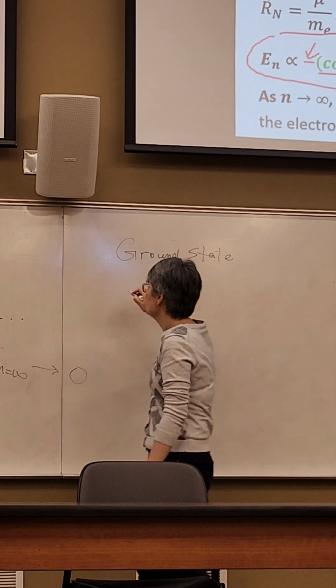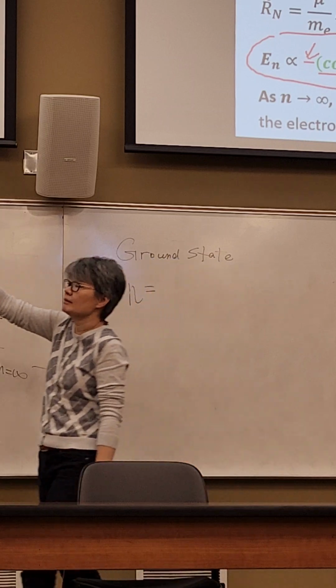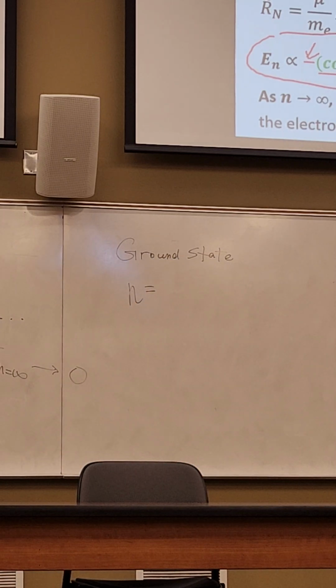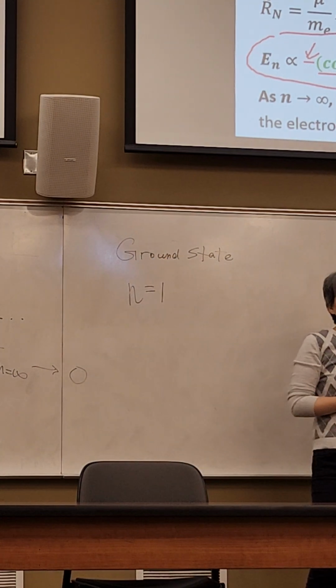When n equals infinity? Remember, it's a negative sign. You have a positive constant, and then Z squared, which is positive, divided by n squared. So it's a negative value. The lower the n is, the more negative the energy value is. You guys agree with that? So therefore, the lowest state is when n equals 1.